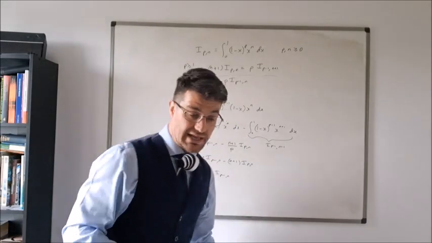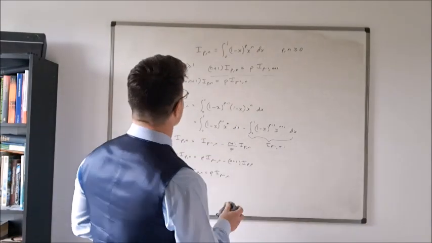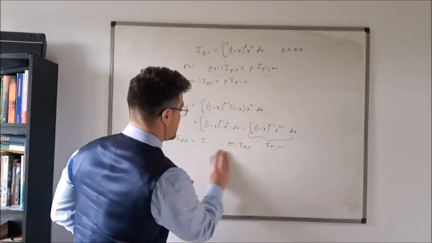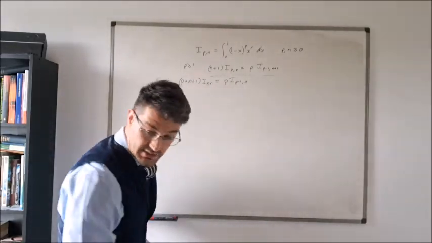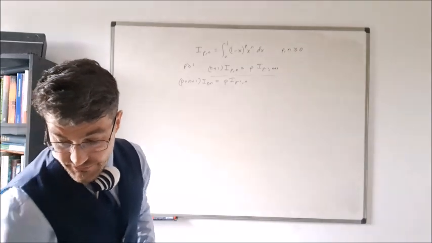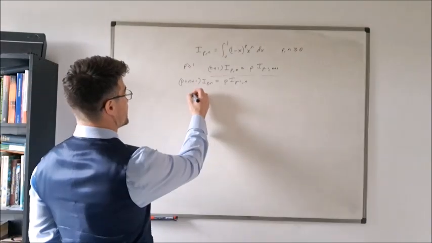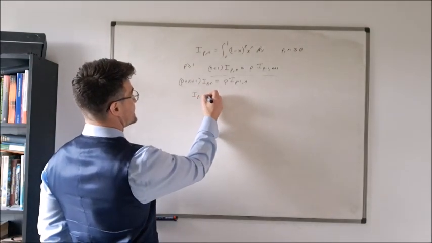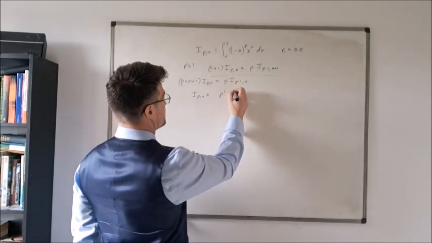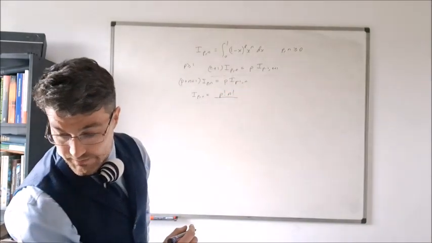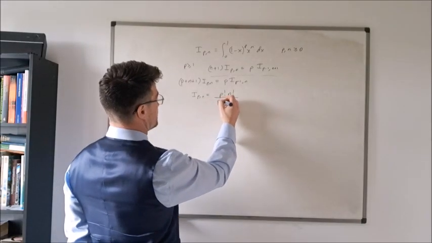So that's what we're going to be doing now, because what we're asked to show is, let me look, so hence prove that if p and n are positive integers, then I_pn is equal to p factorial n factorial over p plus n plus 1 factorial.